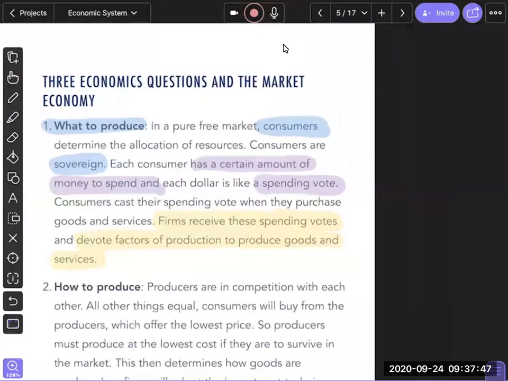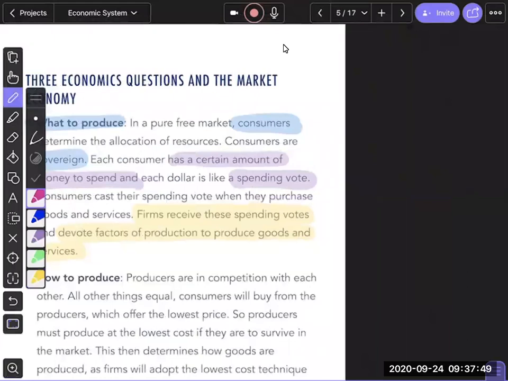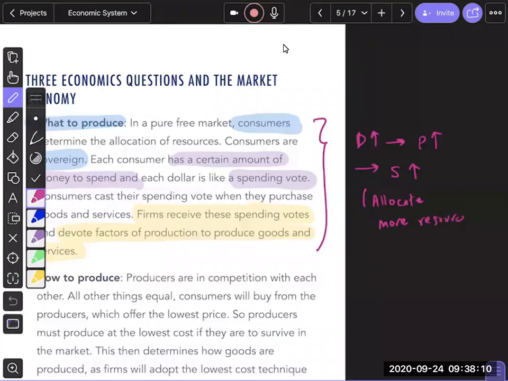Let me summarize this: demand goes up, you'll see the price go up, which would mean producers will be like, hey, the price is going up, they will increase supply, the price may go down, but increasing supply means allocating more resources. So this is how this whole system works.